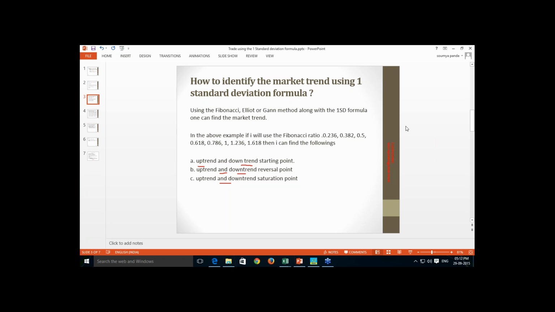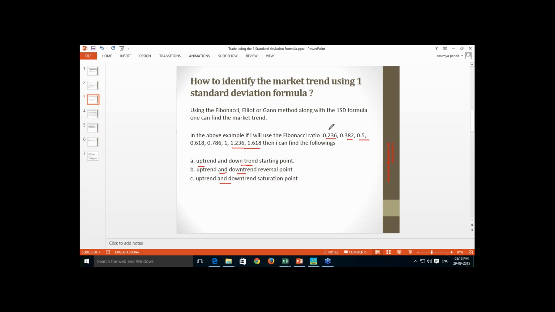Most of you are known traders, so you will have some knowledge about the Fibonacci. Fibonacci says it has ratios 0.236, 0.382, 0.5, and like that it has a growth retracement till 1.618. Whenever any price moves from its reference point, maybe a low, maybe a high, maybe the current price, any reference point, like we are taking the previous day's last traded price.